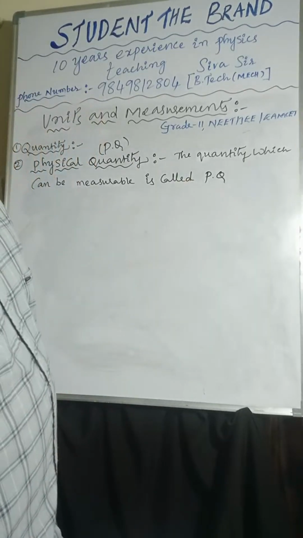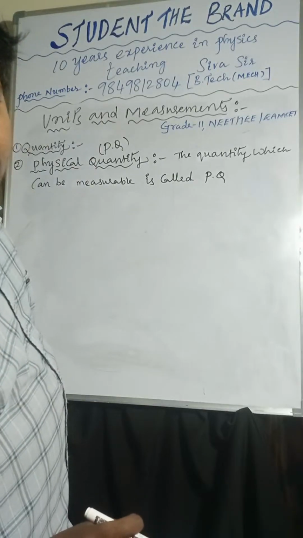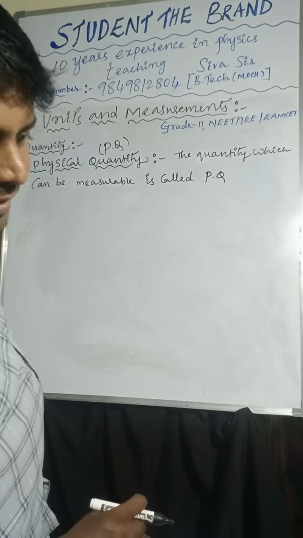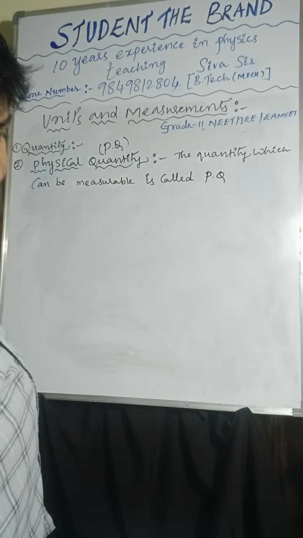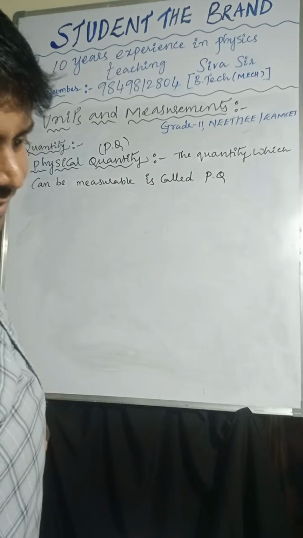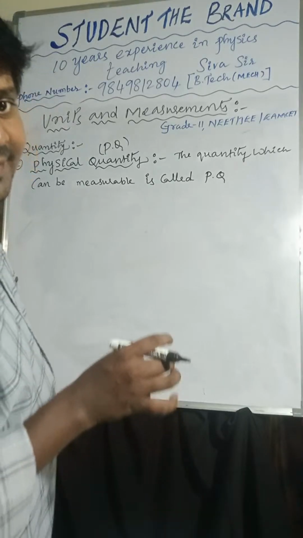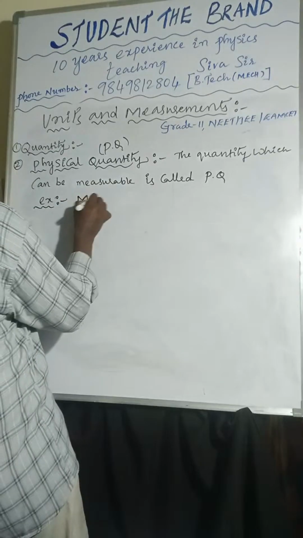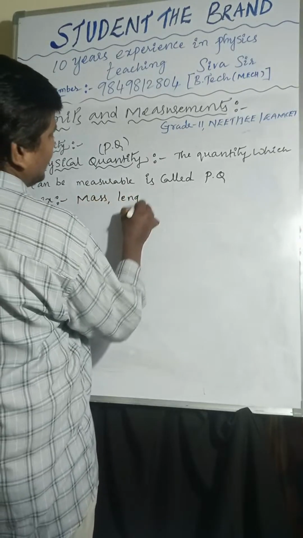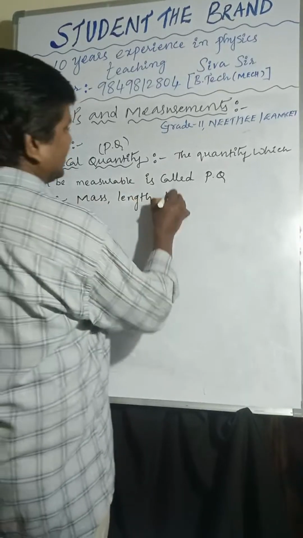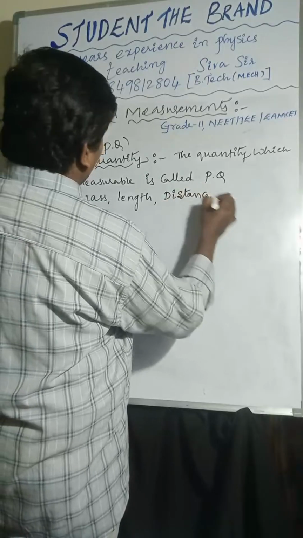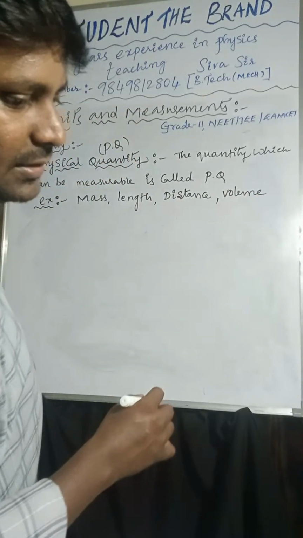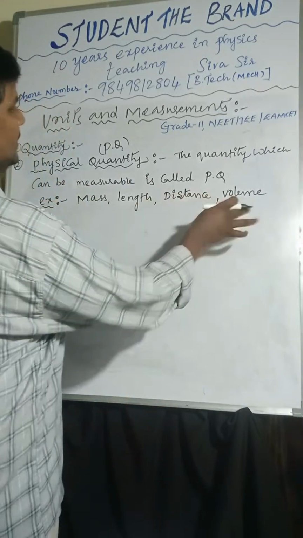Examples for physical quantity: mass, length, distance, volume, and time also we can say.